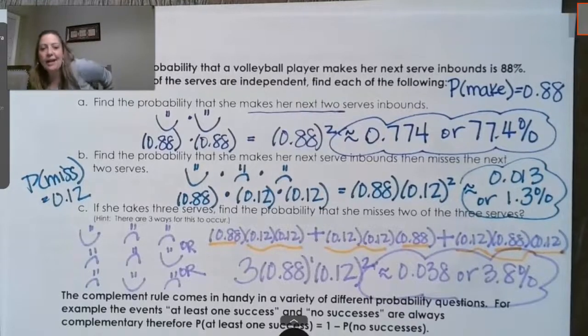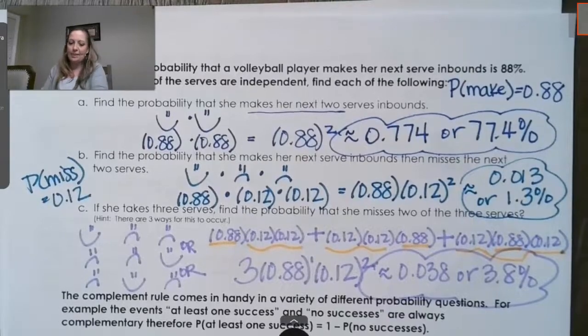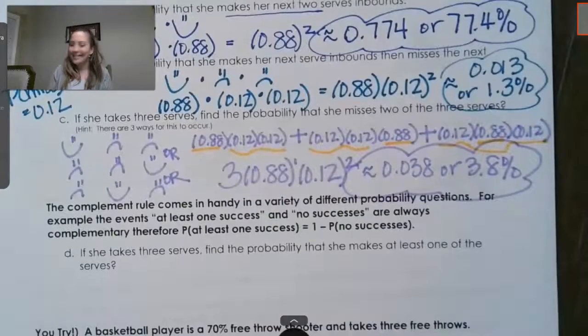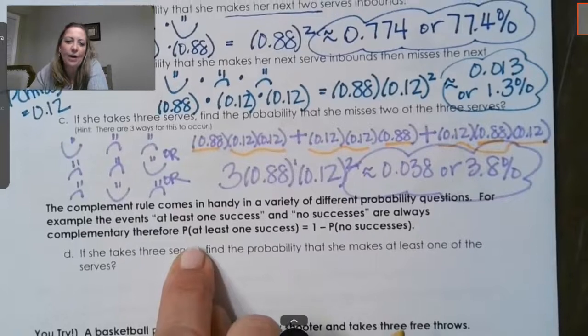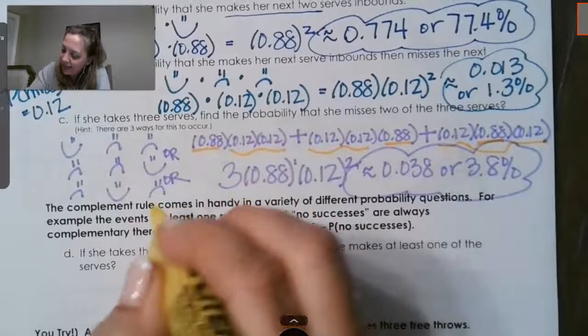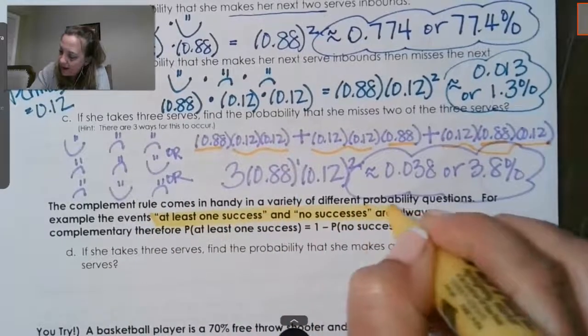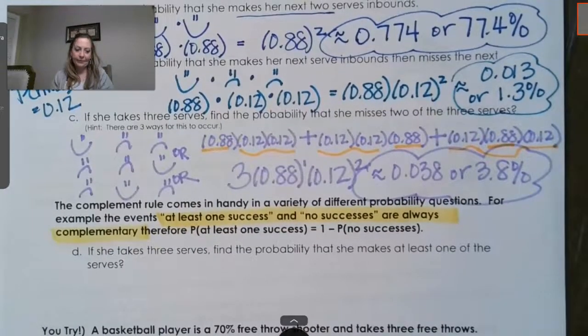Now, the last thing we'll look at is this idea of the complement rule in a special scenario. This idea of at least one success and no successes, those are complementary. So when we want to find the probability of at least one of something happening, we need to realize that at least one and none are always complementary. That's a really important thing.